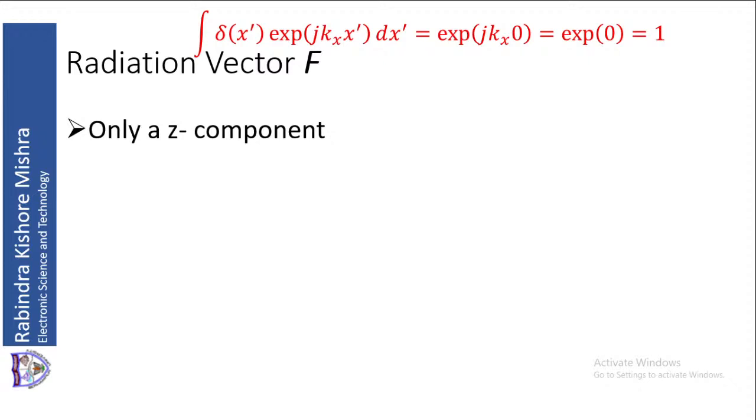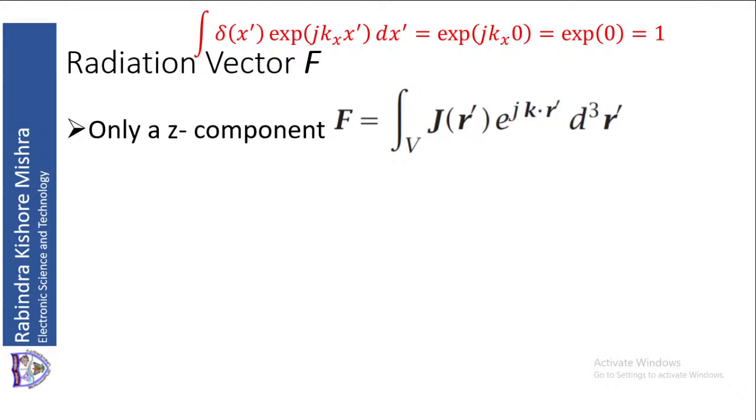So the radiation vector F will be same as vector potential. Vector potential will be in Z direction because current is in Z direction, and from the vector potential we find out the radiation vector. Vector potential is found by integrating the current with the exponential minus jkr. So the radiation vector F will have only a Z component. It has no XY component.